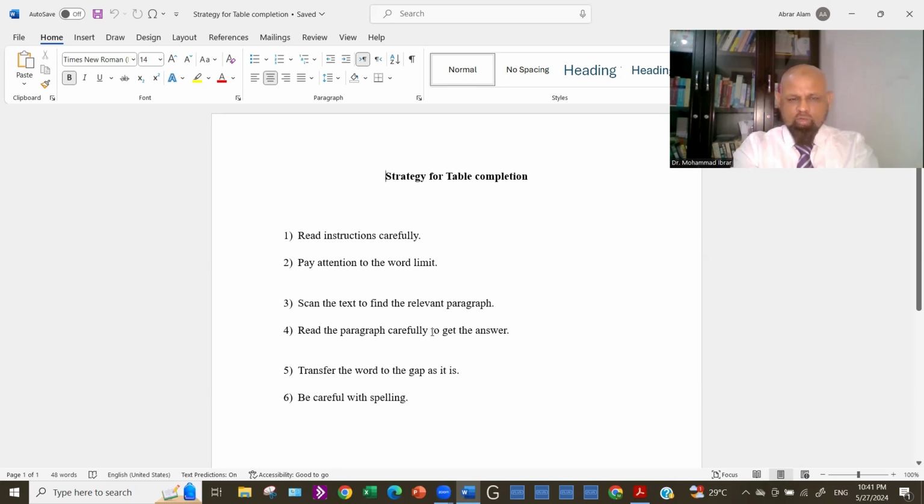So if you find answer 1 in line 1, you may find answer 2 in line 3 or 4 or 5, not before that. It will be after that. And then we transfer the word to the gap without making any changes. And then we check the spelling as well. So if you stick to this strategy, you'll be able to find the answers quickly.